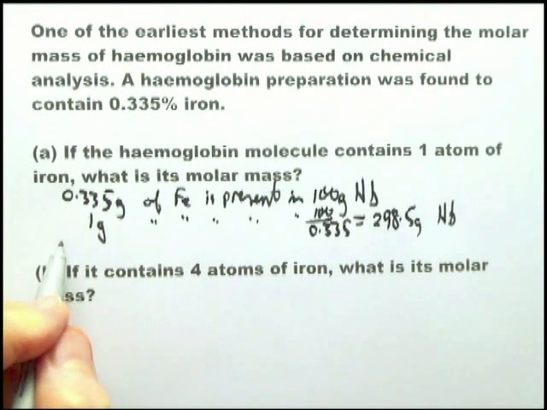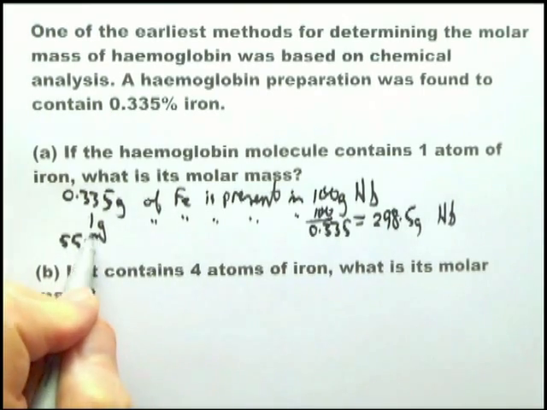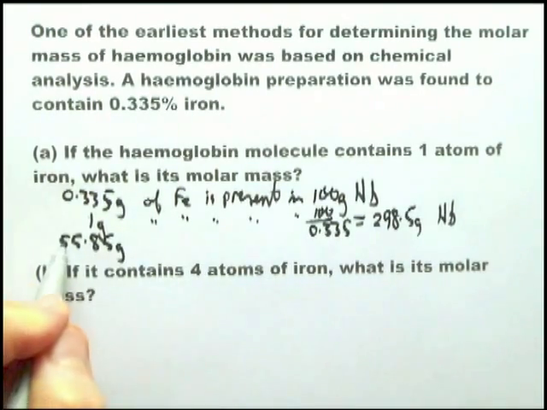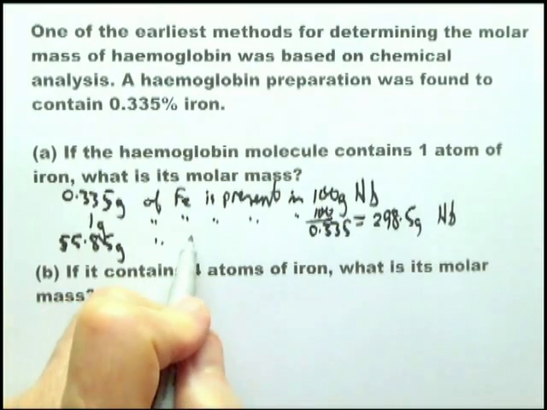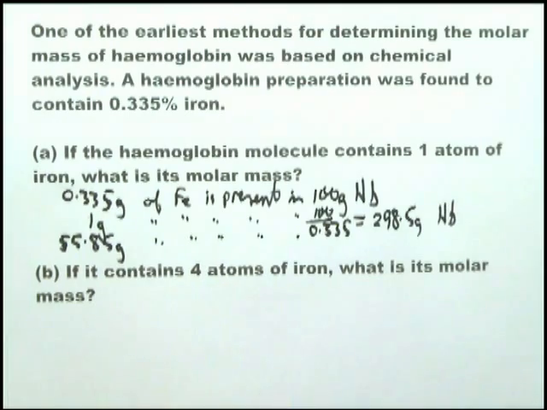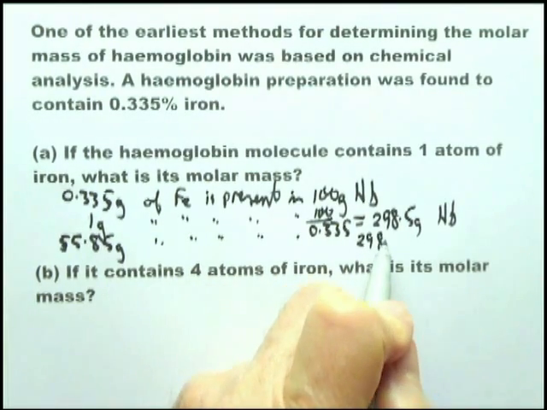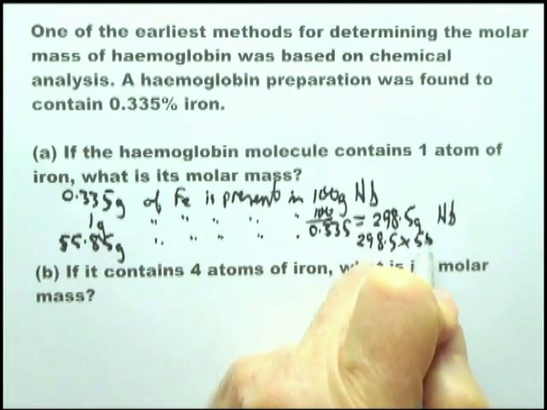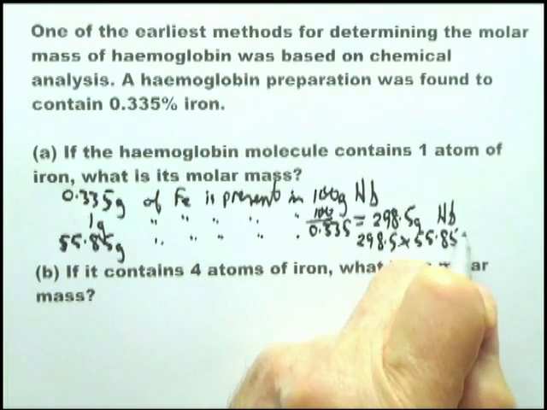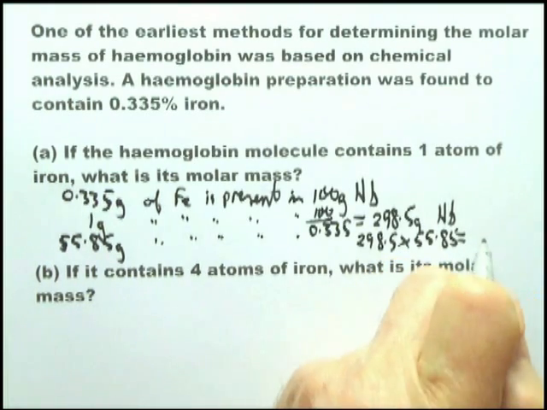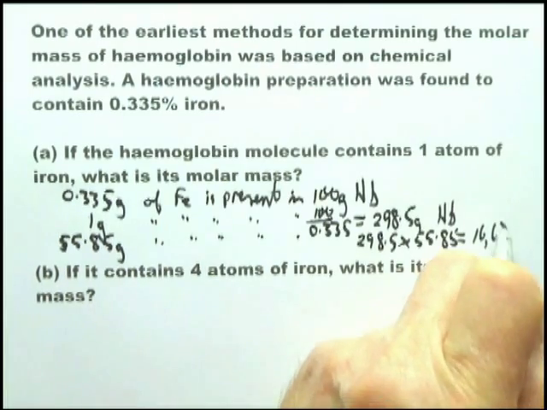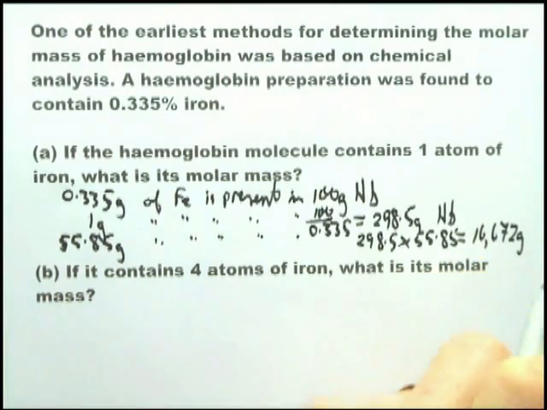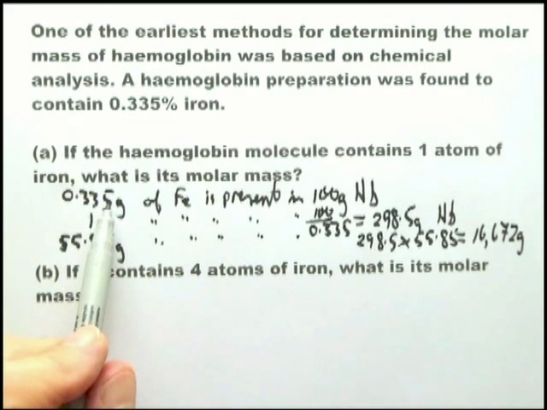The atomic mass of iron is 55.85 g, and that is present in 298.5 times 55.85, which equals 16,672 grams.